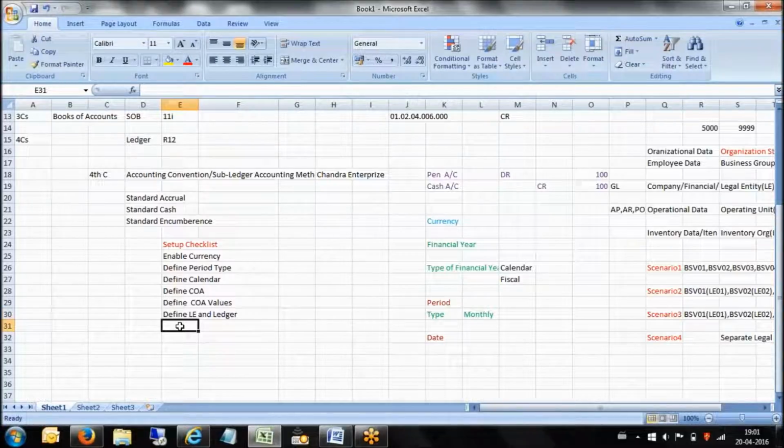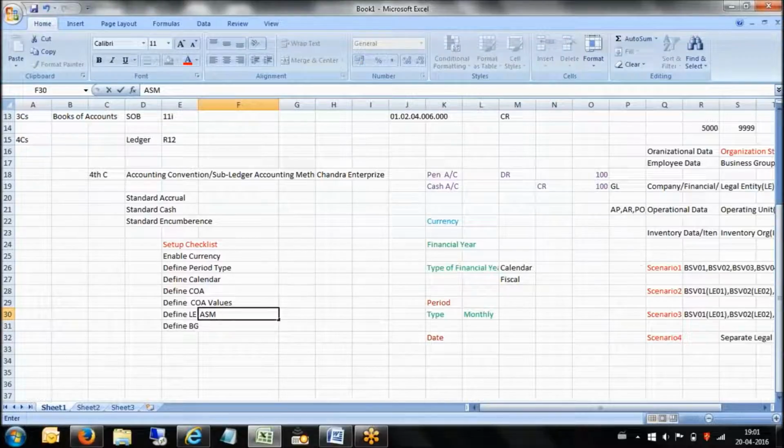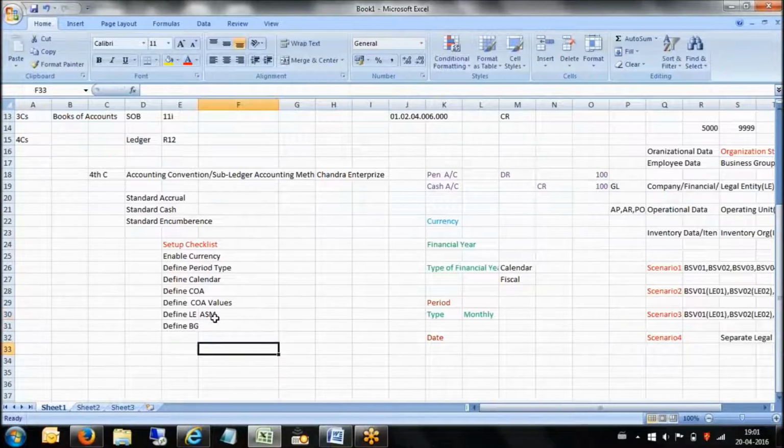Legal entity we used to define in inventory in 11i. Now in release 12 we define it in GL along with ledger. Then we define BG, and there is one screen called ASM, Accounting Setup Manager, under which we do it.